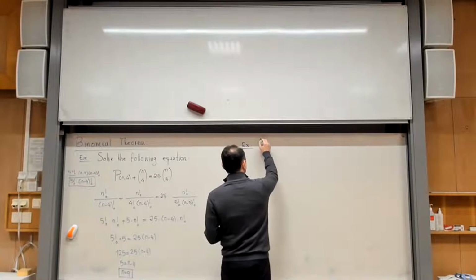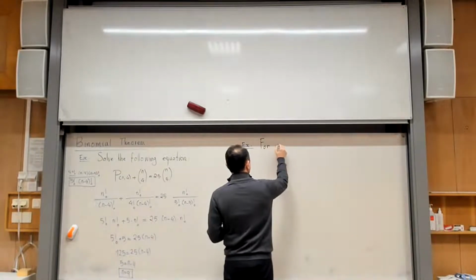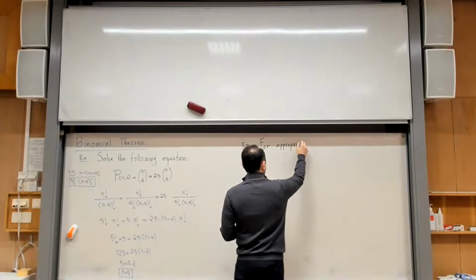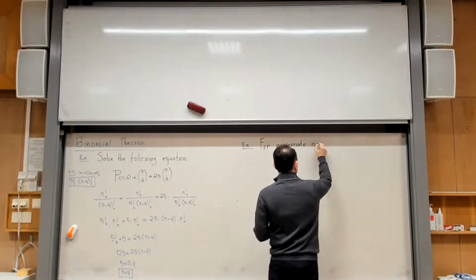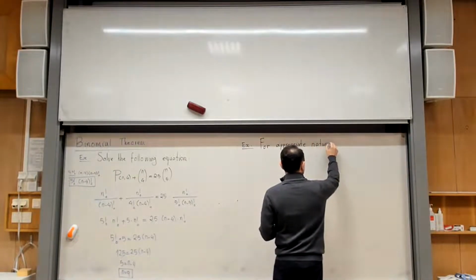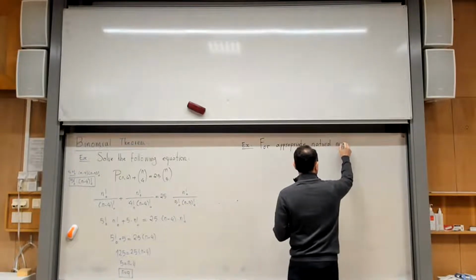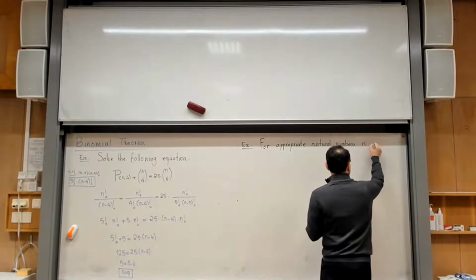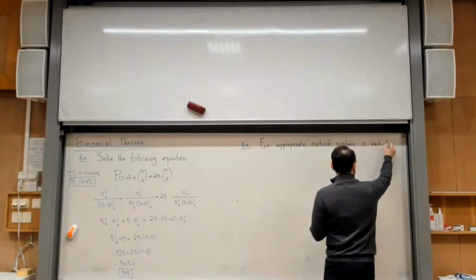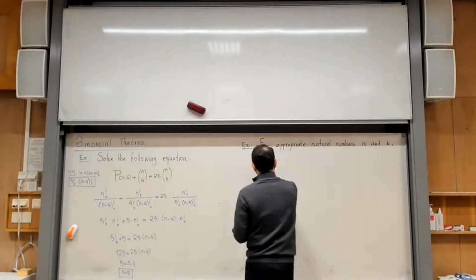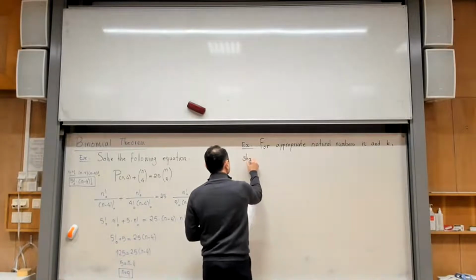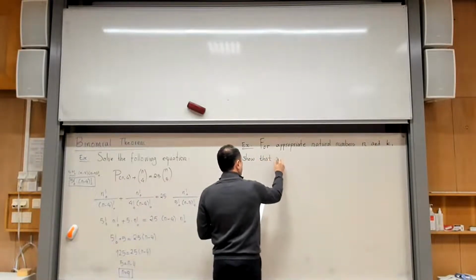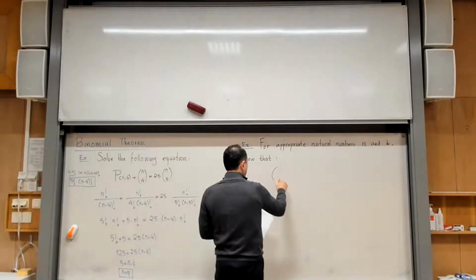For appropriate natural numbers n and k, show that we want to prove this.